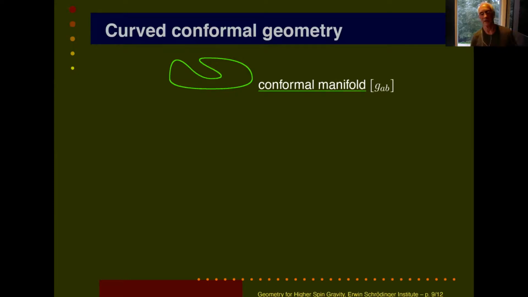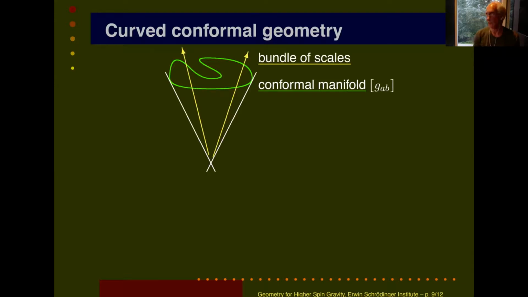Okay, and the first thing you do is you put a ray bundle over this conformal manifold. I've drawn it like this, there's some sort of hint. This is the bundle of scales.